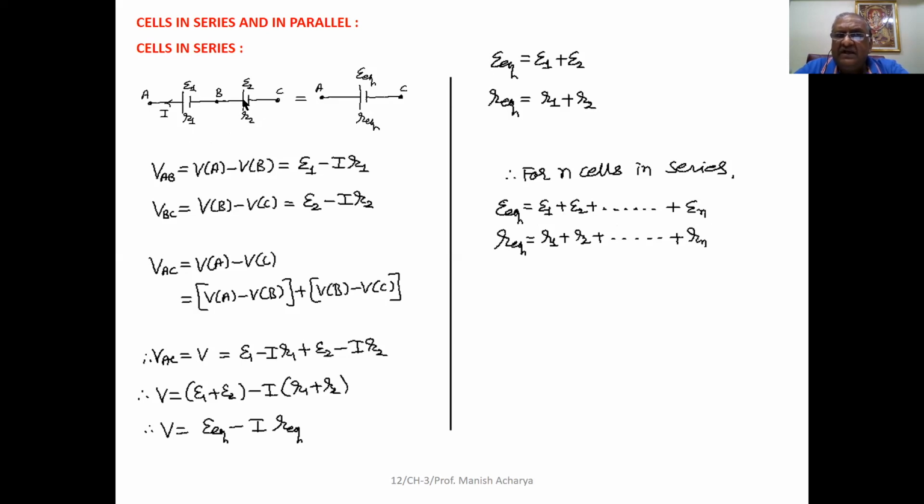But suppose any cell is connected in the opposite manner, it implies that for the first cell it is positive, negative, and then for the second one, the negative terminal is here and the positive terminal is on this side. So in that particular case, you have to write E1 minus E2 like that. So remember this thing: this E equivalent, E1 plus E2 plus E3 up to En, is the algebraic summation. Clear to all of you?